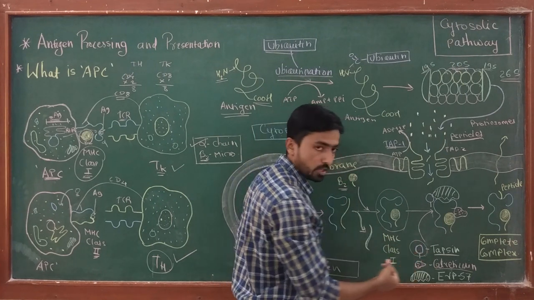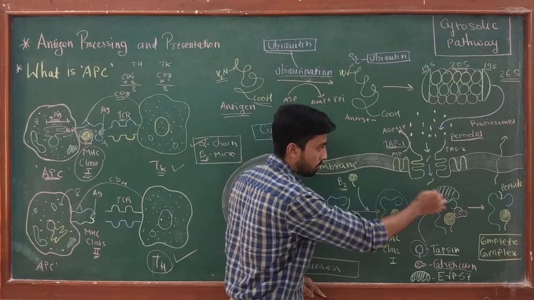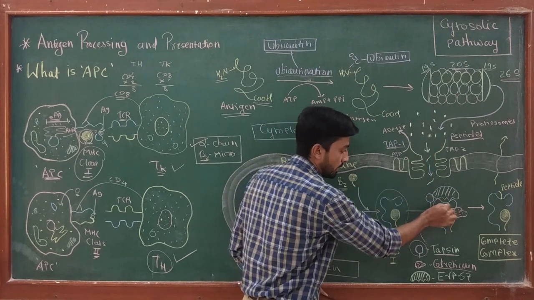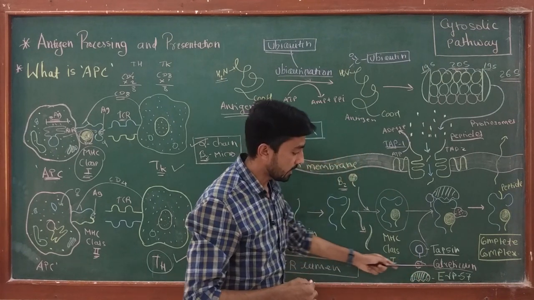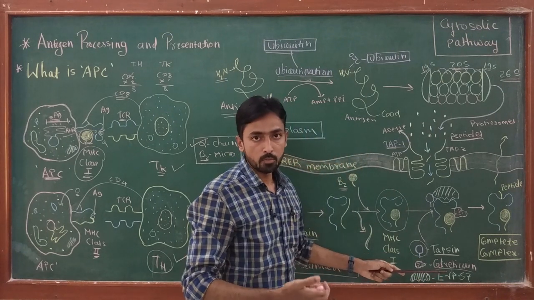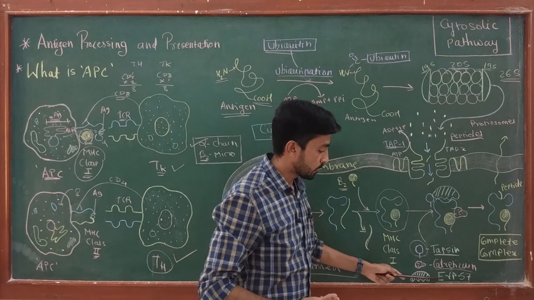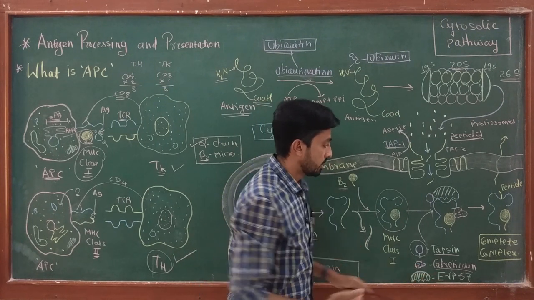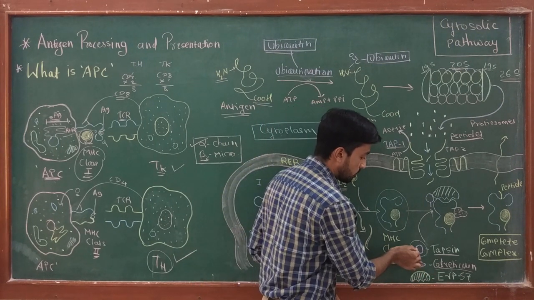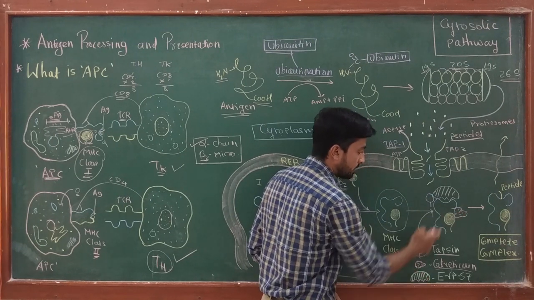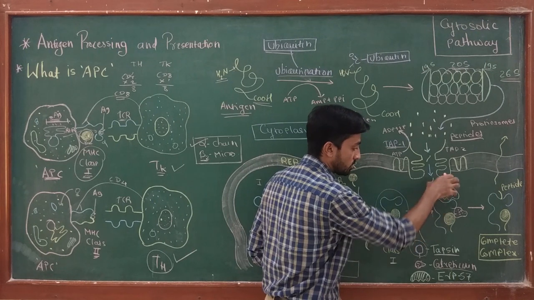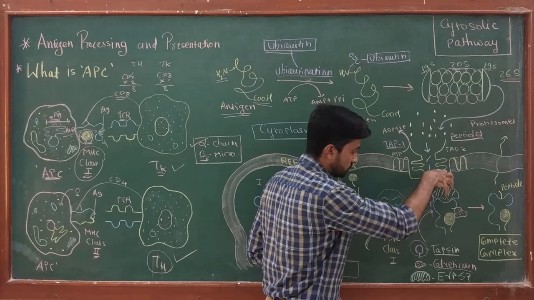Now the second protein which plays a role in binding of the peptide to the MHC class 1 molecule is calreticulin. Calreticulin is also an example of a molecular chaperone, while the third protein is ERP57. Calreticulin and tapasin get attached to the MHC class 1 molecule, while ERP57 is covalently bound on the molecular structure.